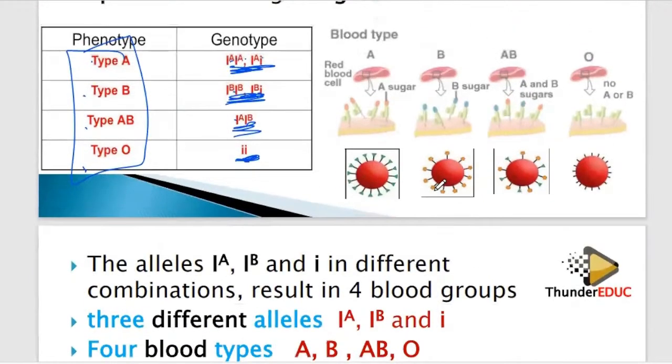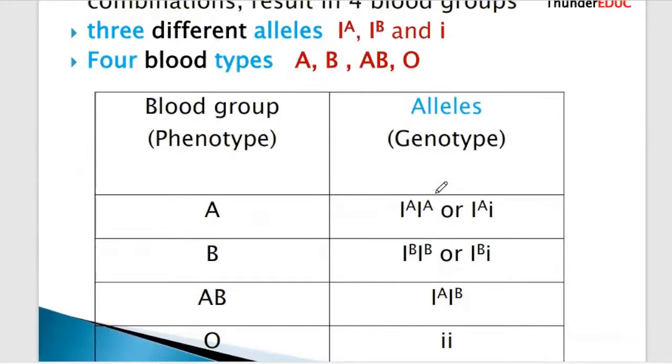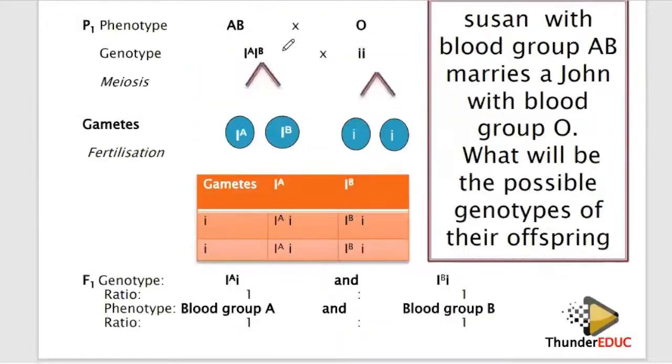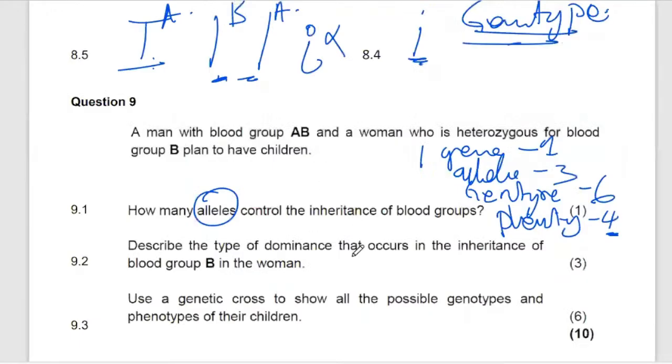They are saying 3 different alleles and 4 blood groups or types, which we call the phenotypes. So it's A, B, AB, and O. A, comma, B, comma, AB, comma, and O. So that you understand. Now we go back to our question.